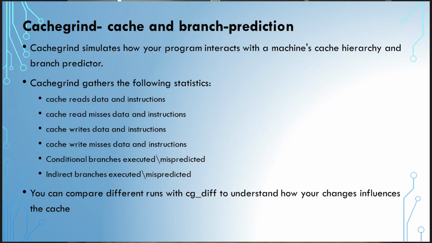CacheRun is cache and branch prediction. CacheRun simulates how your program interacts with the machine's cache hierarchy and branch predictor. I will just say it is a synthetic CPU, so it's not taking into consideration other processes or kernel processes, but it is good.